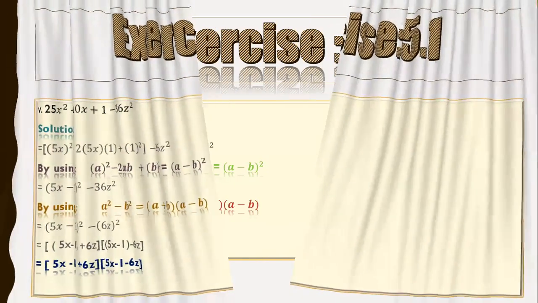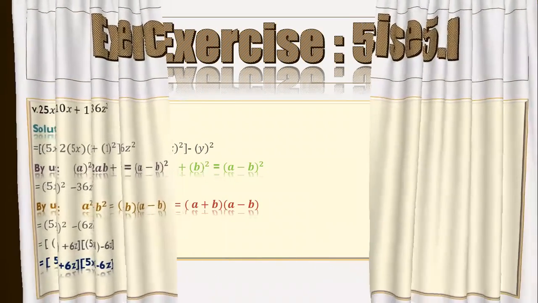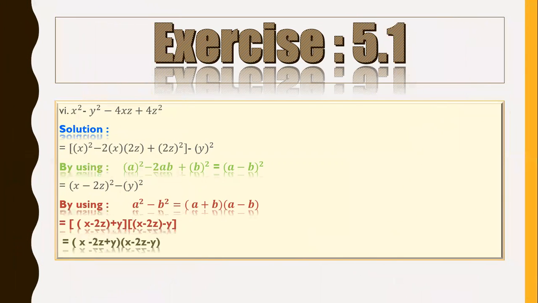The last part of this question and also the last part of this exercise is x square minus y square minus 4xz plus 4z square. Now you should be careful about the terms.